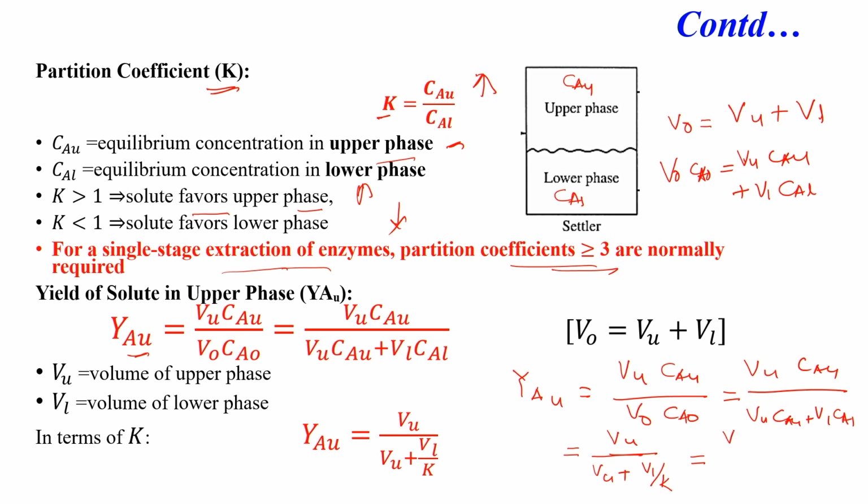So, it will be VU upon VL divided by VU upon VL plus 1 upon K. In this way we calculate the yield absolute in the upper phase.